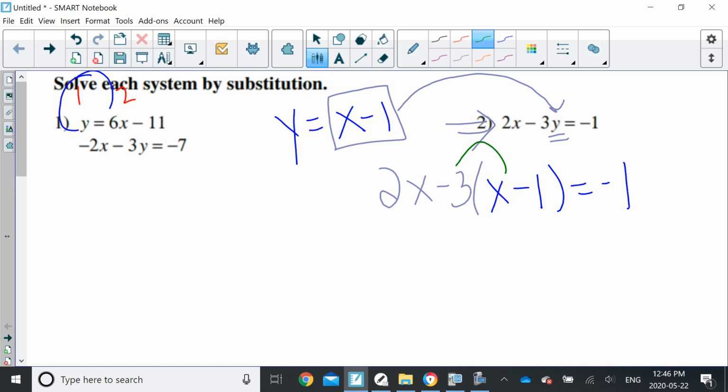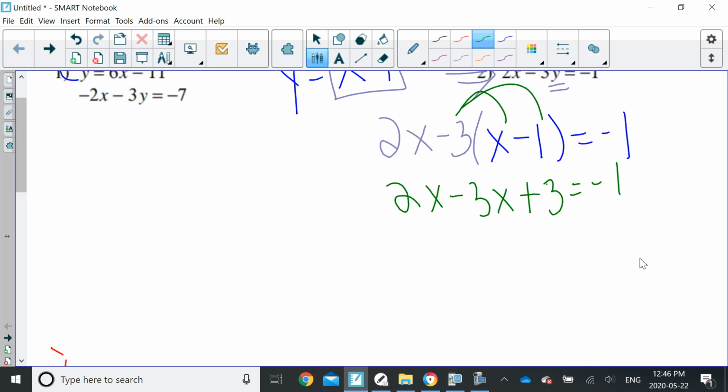Distribute, get rid of your bracket. 2x minus 3x plus 3 is equal to negative 1. Like terms, 2x minus 3x is minus 1x, plus 3 is equal to negative 1.